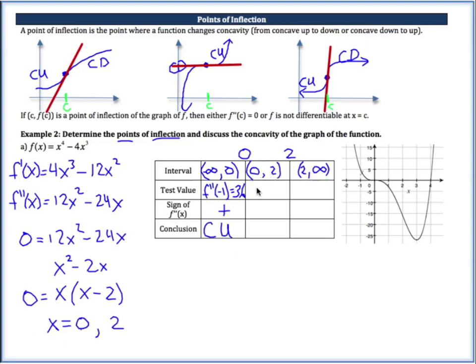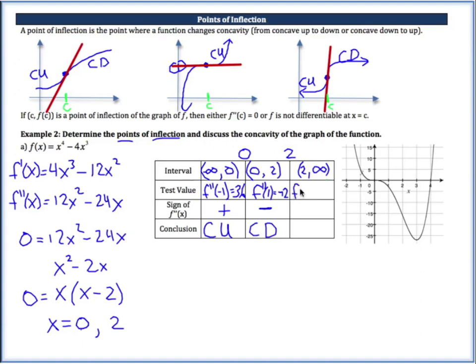For this interval, we could try 1. f double prime of 1: 1 squared is 1 times 12, so 12 minus 24 times 1, we get negative 12. The second derivative is negative, so we say this is concave down.